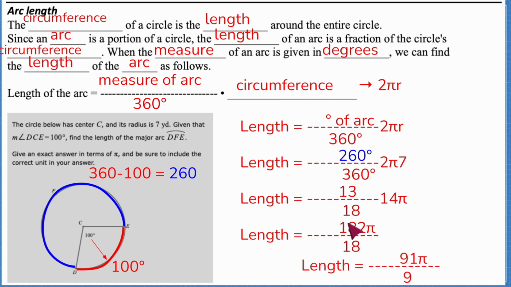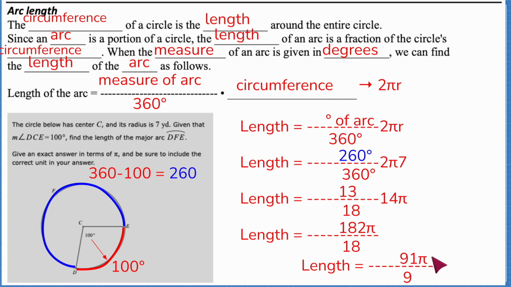If I reduce all the way down, I'll end up with a repeating decimal, and since they want exact answers, I don't want to do any rounding. So I'm going to leave it 91 and 9. All I did was divide by 2 again. 182 divided by 2 is 91. 18 divided by 2 is 9. So I end up with 91 pi over 9.